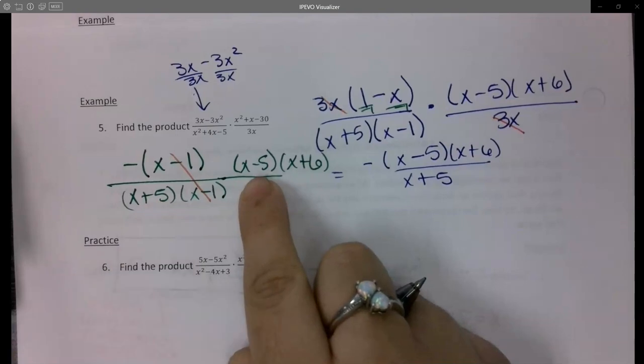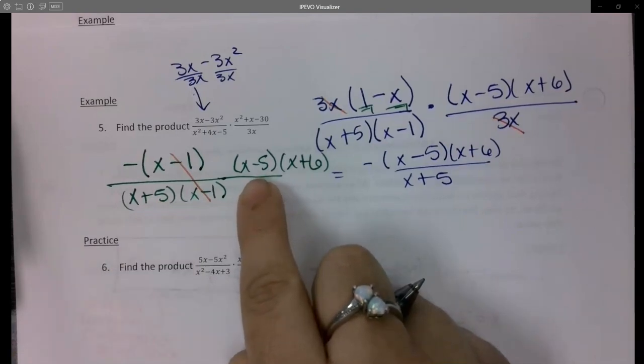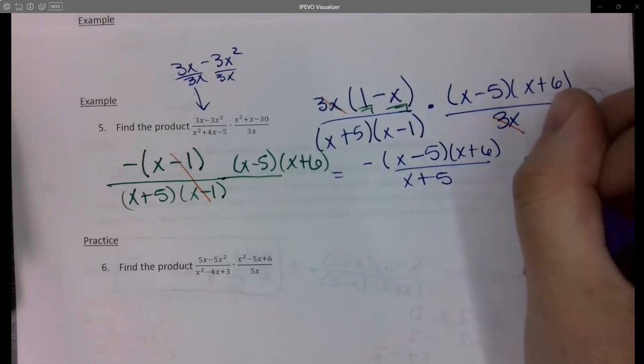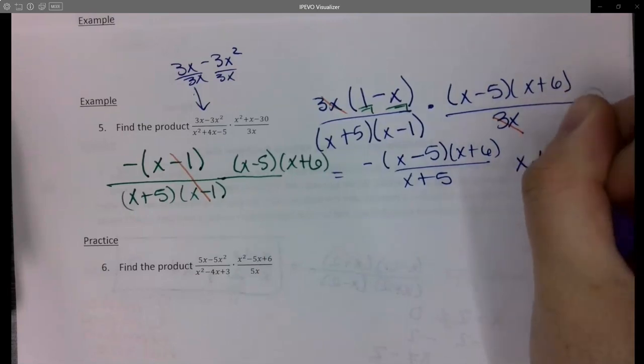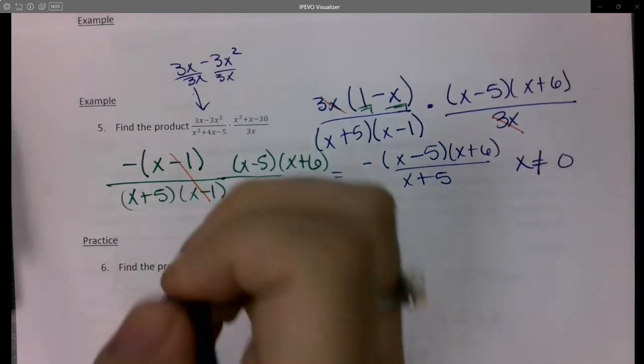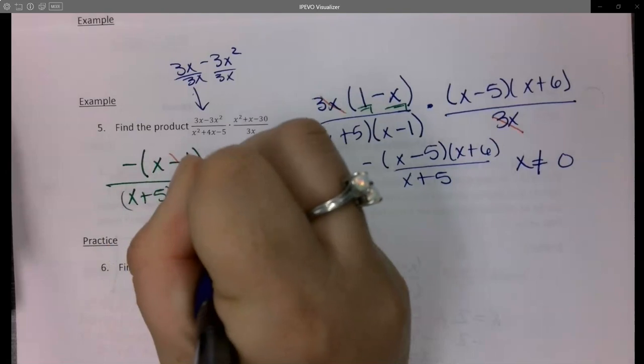No, they're opposite signs, so you can't cancel them. They have to be exactly the same. Okay, and then anything I crossed out from my denominator, I need to have x can't equal. So I can't have 0, because I canceled out a regular x. And then this one, oops.